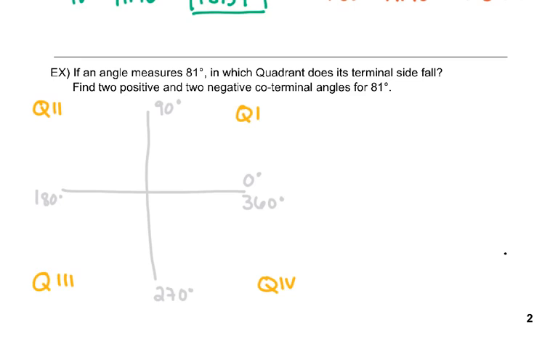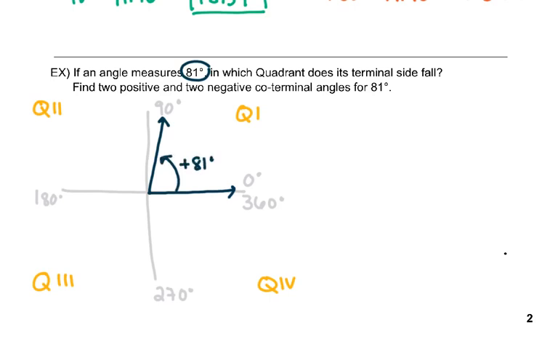So dealing with 81, we'll want to know in which quadrant it lies. So it's going to start on the positive x-axis, and rotating 81 degrees, we're going to be ending in quadrant 1.